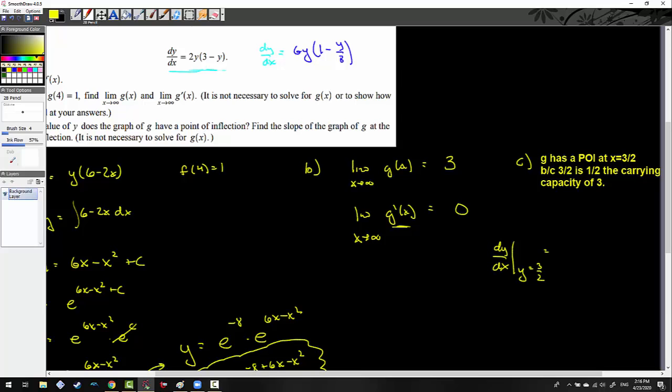That's going to be 2 times 3/2 times (3 minus 3/2). So that's going to become 3, and that's going to become 6 over 2 minus 3 over 2. So we've got 3 times 3 over 2, which becomes 9/2.